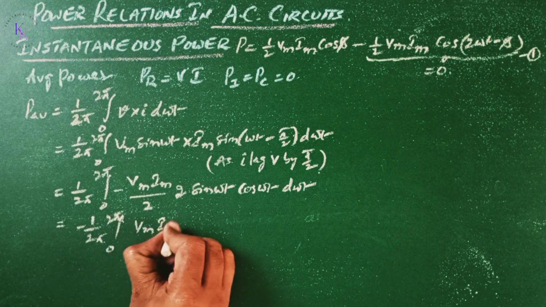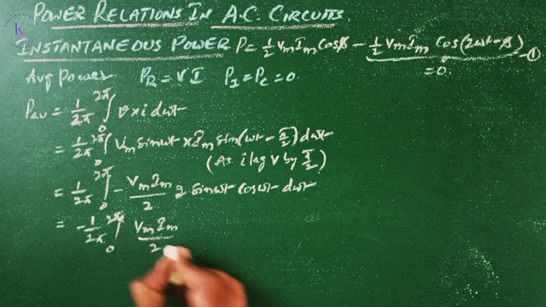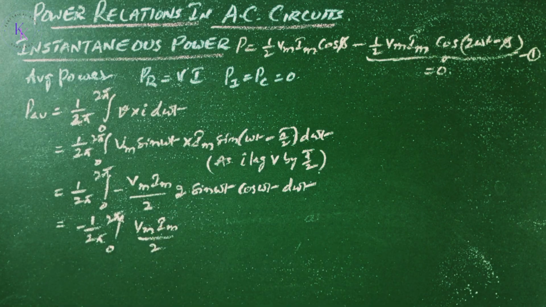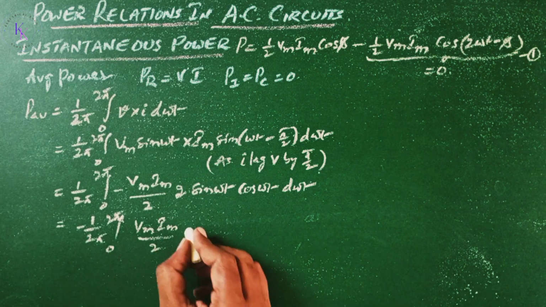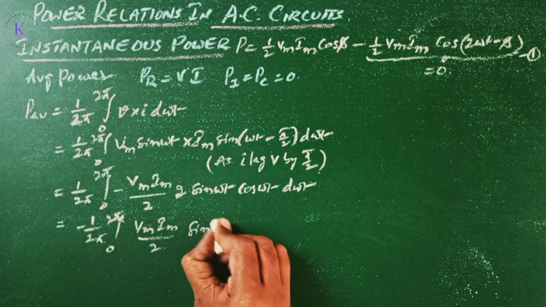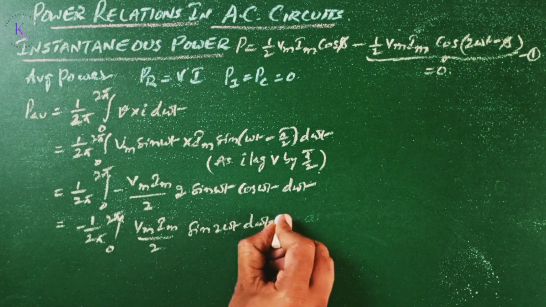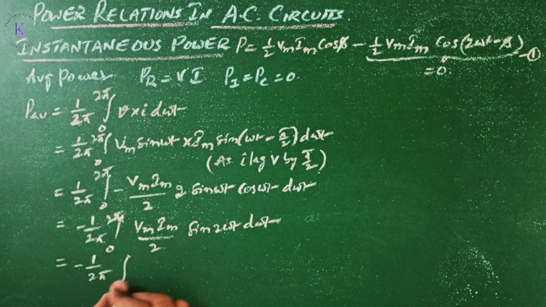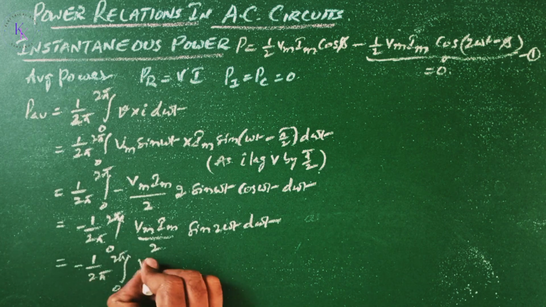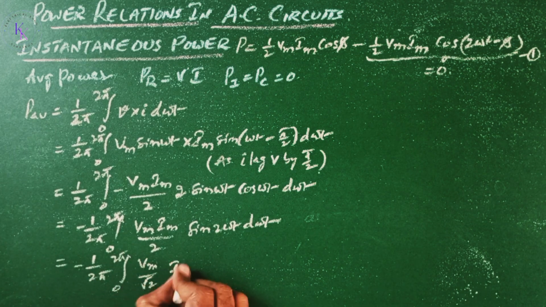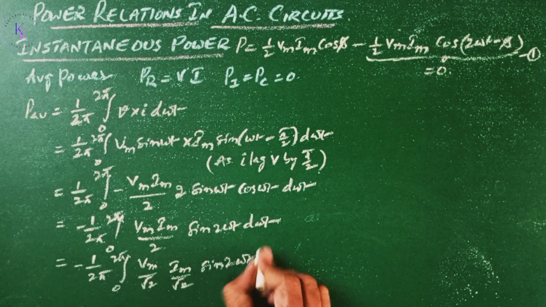Then we can write this as 1 by 2 pi integral 0 to 2 pi of Vm Im by 2 times 2 sin theta cos theta, which is sin 2 theta, or sin 2 omega t d omega t, minus 1 by 2 pi integral 0 to 2 pi of Vm by root 2 times Im by root 2 sin 2 omega t d omega t.